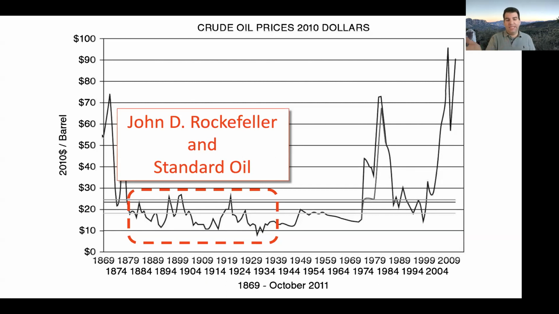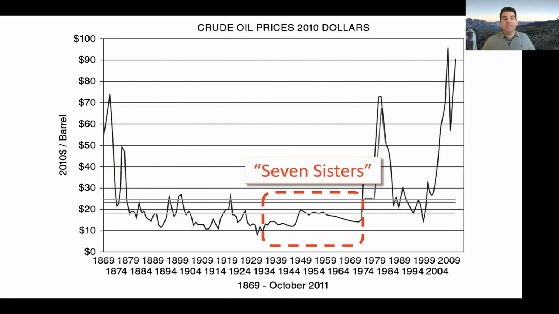Then, after the sun sets on Standard Oil, there were 7 groups that became known as the Seven Sisters in oil, and there were some comments in the perusal about whether this is an appropriate name. That's an interesting discussion, but they just happen to be very well known as the Seven Sisters. If you look at oil history, even though they looked like 7 independent companies, they really worked together and together had access to a huge amount of oil.